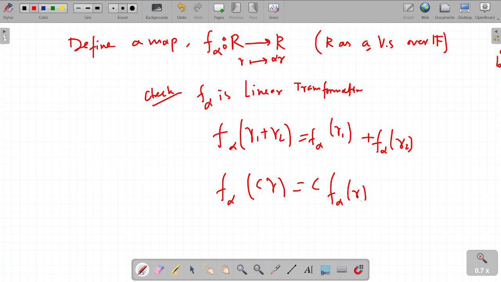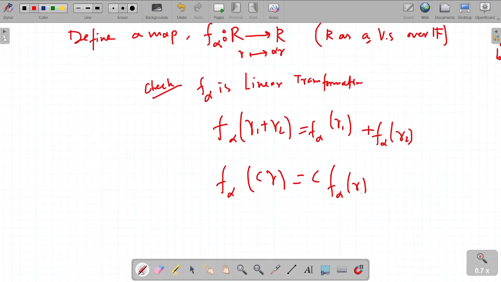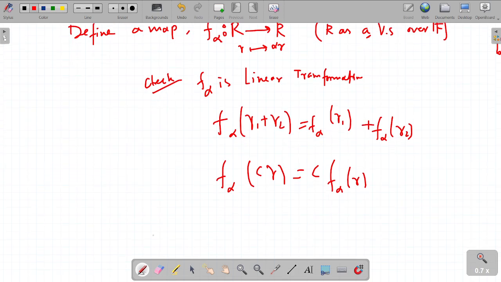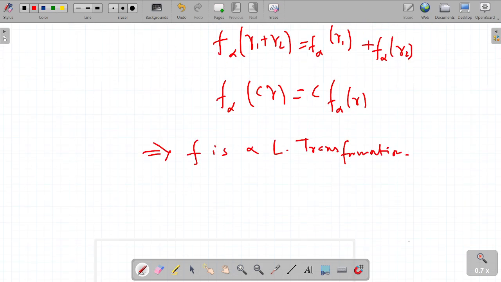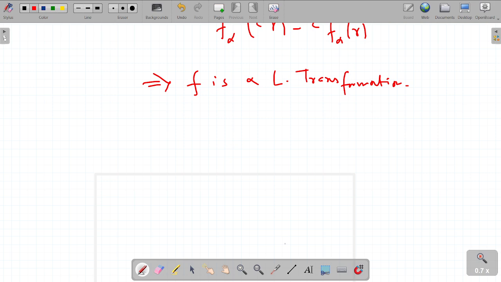This is very evident from the definition of the mapping. So we got that f alpha is a linear transformation.